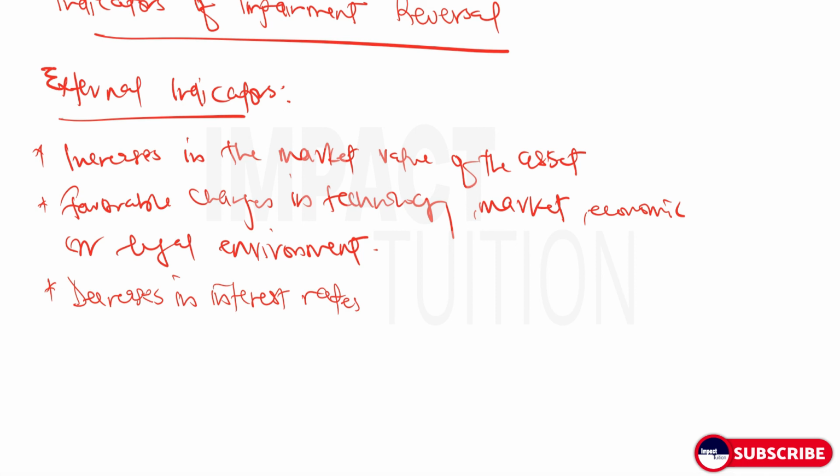So if there are improvements in these indicators of impairment, then we need to reverse the impairment we calculated, and that will lead to the reversal of the impairments we have already recognized using these external indicators.